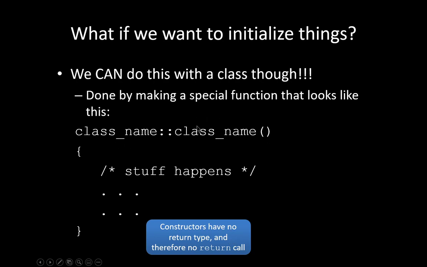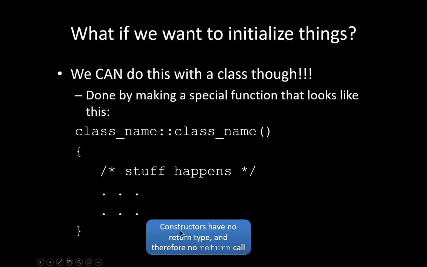And instead of having a function name, it's just class name, colon, colon, class name again. And that's how your compiler is going to know that this function is the first thing that should be called when you make an instance of a class. It looks for your class name, colon, colon, class name. That's just the way you have to specify it.